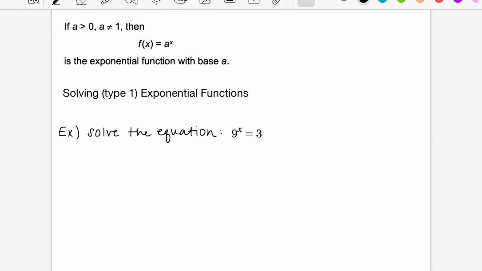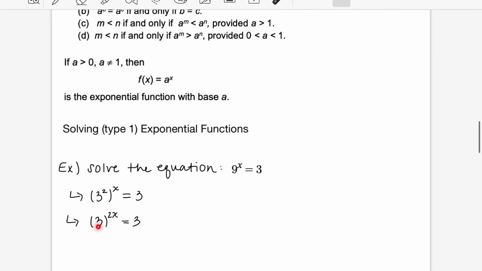So 9 to the power x, we can rewrite as (3 squared) to the x, right? 3 squared is equal to 9. With our properties of exponents, we know that this is the same thing as 3 to the power 2x.